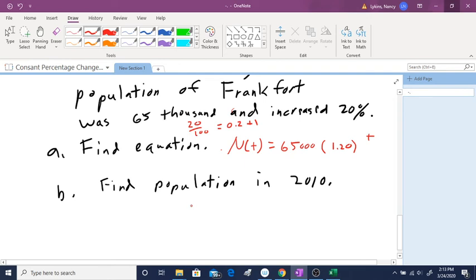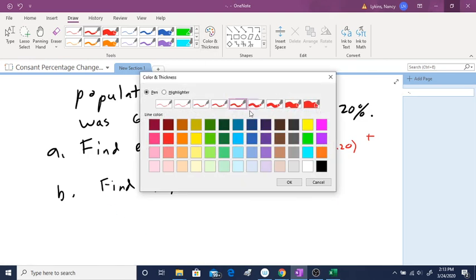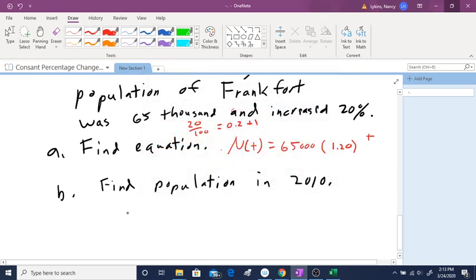Now, what happens in 2010 if it increases at this 20% rate? I'm going to still use that same equation, but I want to say n of 10, because that's our time, and then I'm going to say 65,000 times 1.20 raised to the 10 power.